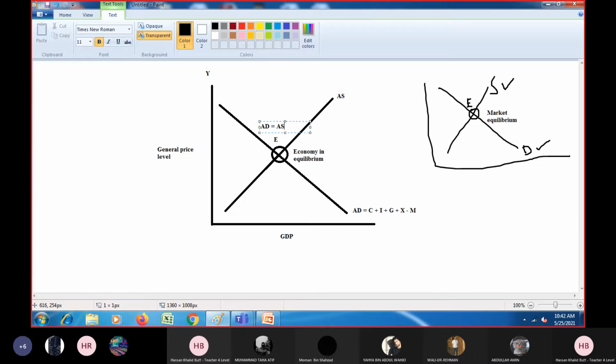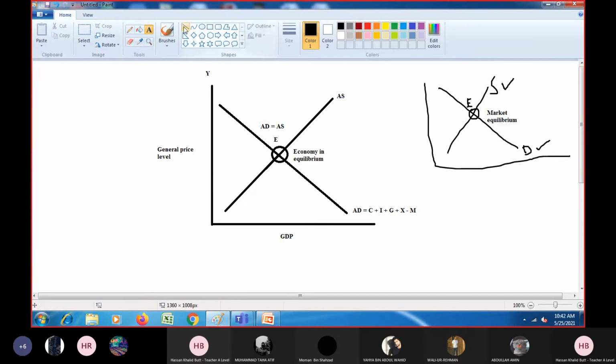Simple as that, right? So now let me drag it right there. This is the equilibrium price level, okay, and this is the equilibrium GDP. At the equilibrium point, what is the GDP?